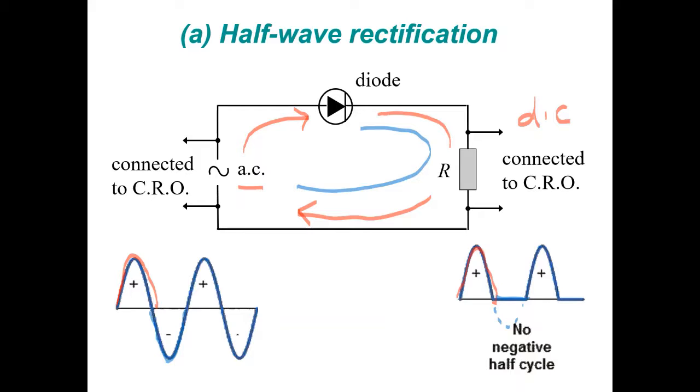So that is the half wave rectification, which allows half of the cycle of AC current to pass through. The output will be a direct current, and this is the graph of the DC current produced.